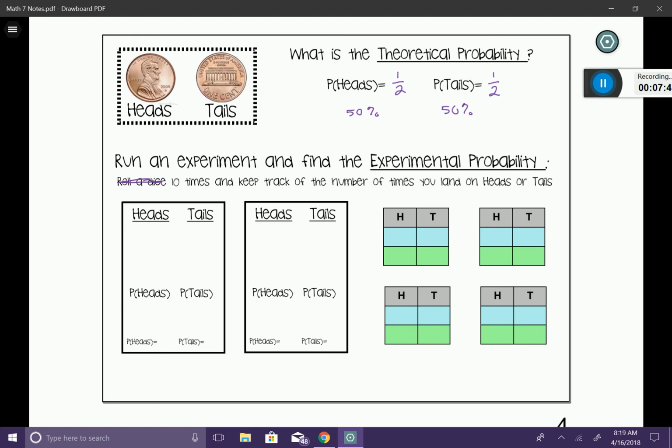So feel free to pause the video and take your coin and flip it 10 times. And keep track using tallies how many times your coin lands on heads and then how many times your coin lands on tails. So let's say that we did an experiment. Feel free to use your information, but I'm just going to make up a situation here. Let's just say that this was my tally.